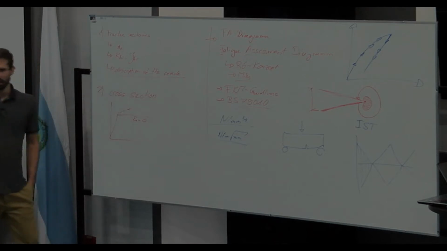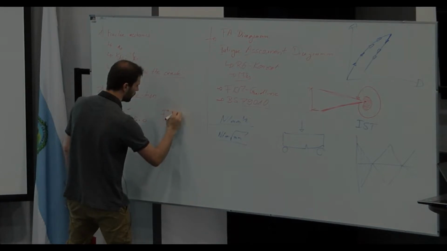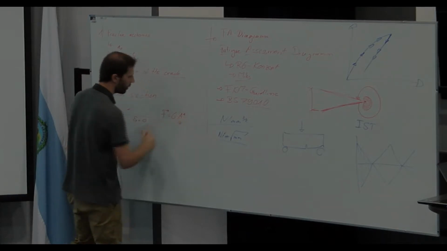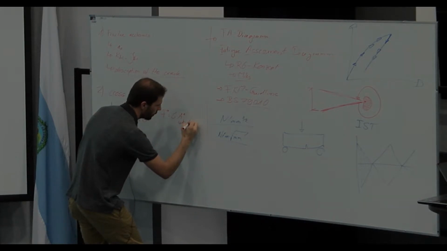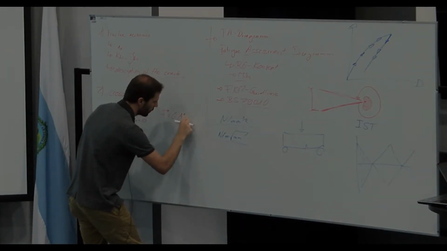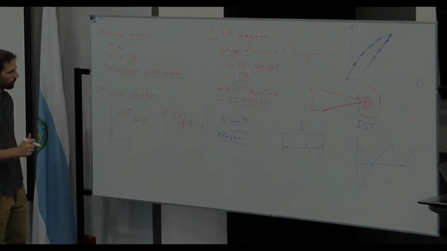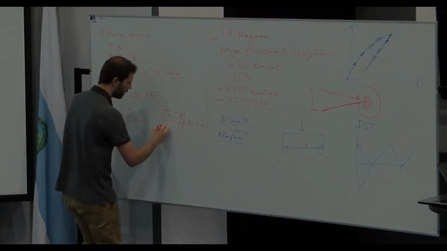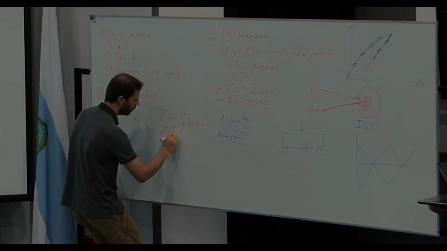We also have to define the model where we can say, okay, the F star is sigma times A star, and the A star, for example, for a crack through model, is just B times T times B minus 2 times A. And so we have to reorganize and see, okay, the sigma star is F star over A star.